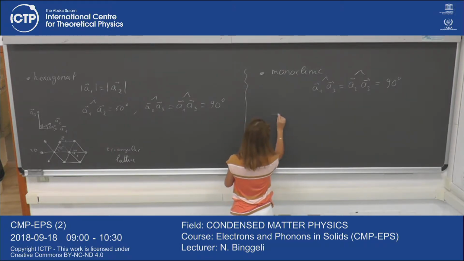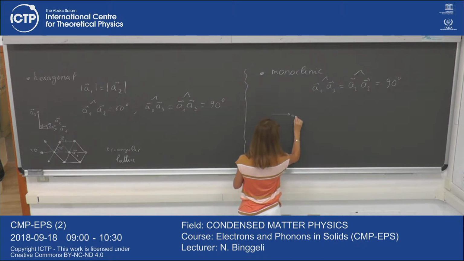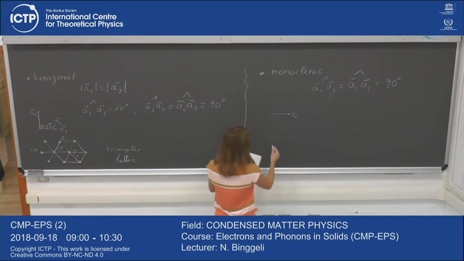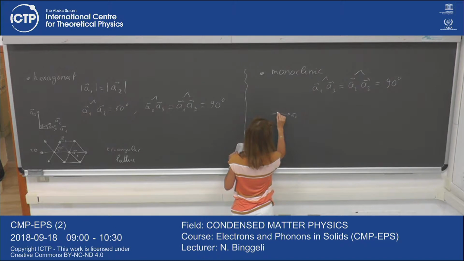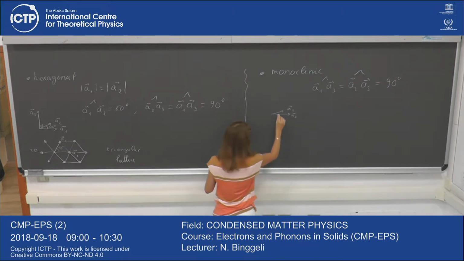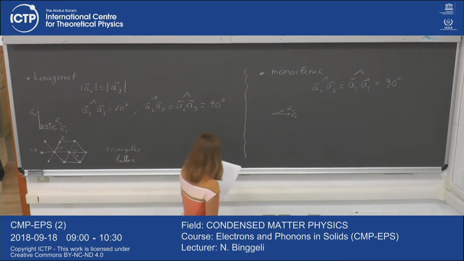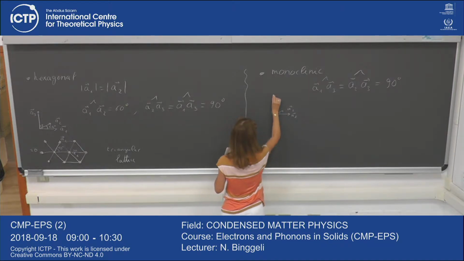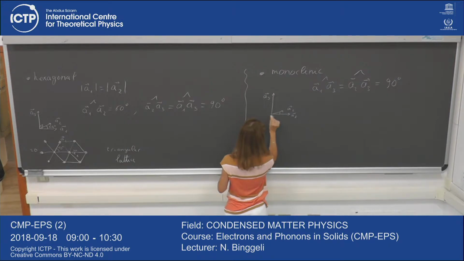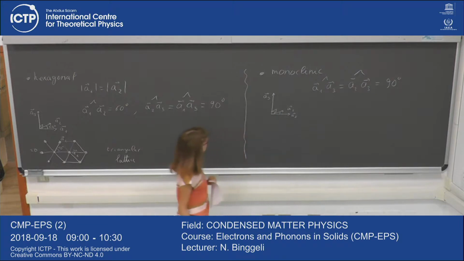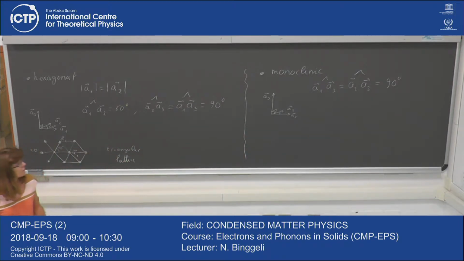So one has A1, then my angle here and length I can choose as I want, A2, some angle here, and then A3 is perpendicular to the other two vectors, so to A1 and to A2. So this is the monoclinic lattice.